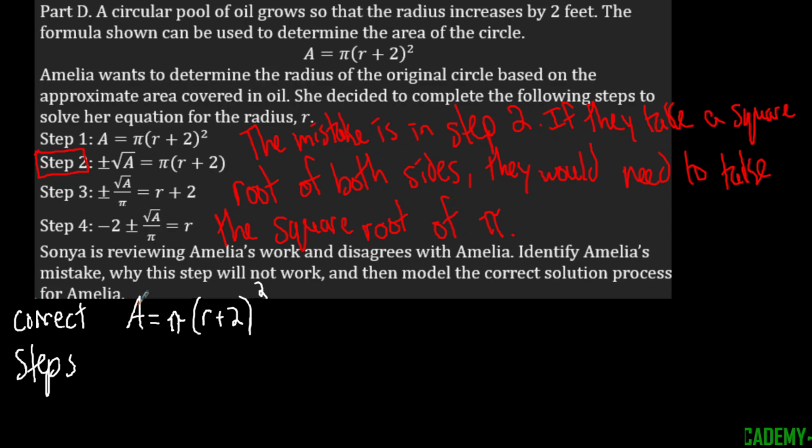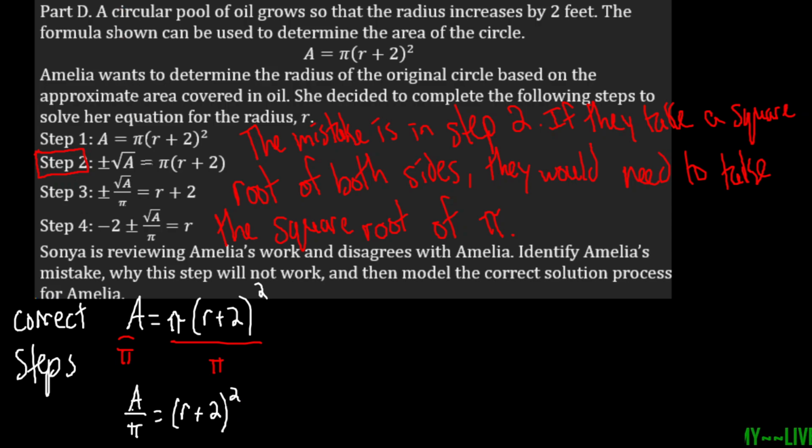What I have to do first is rearrange this equation. So let's divide by pi first. I'm going to divide both sides by pi. So now I have A over pi equals (r plus 2) squared.